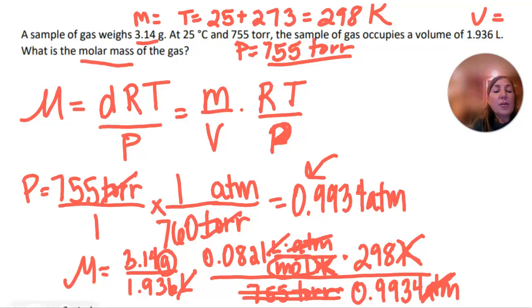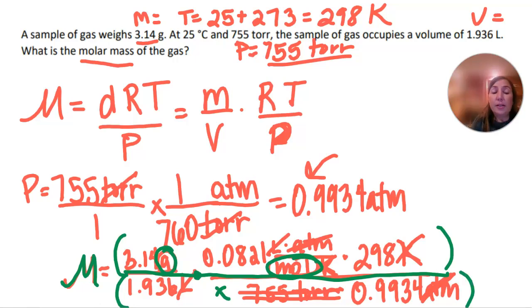Okay, so again, I wanted units of gram per mole. Why? Because I'm calculating a molar mass. So I am going to do all this in my calculator. If I did it all at once, I do this whole numerator, I do parentheses, and then I would do this whole denominator.